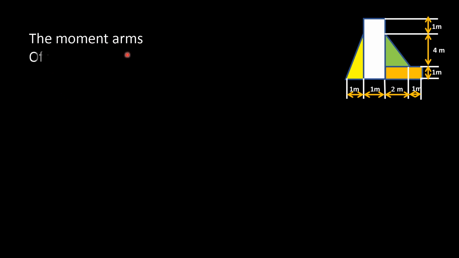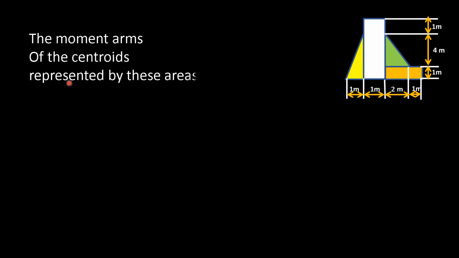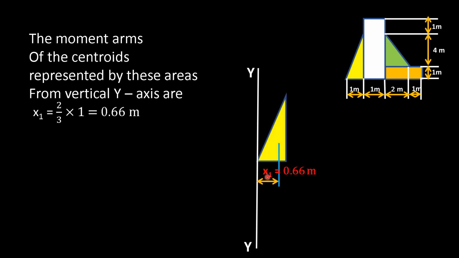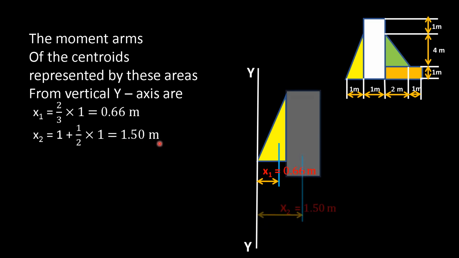The moment arms of the centroids represented by these areas from the vertical y-axis are x1 equals 2/3 multiplied by 1, which is 0.66 meter. X2 equals 1 plus half multiplied by 1 equals 1.50 meter.